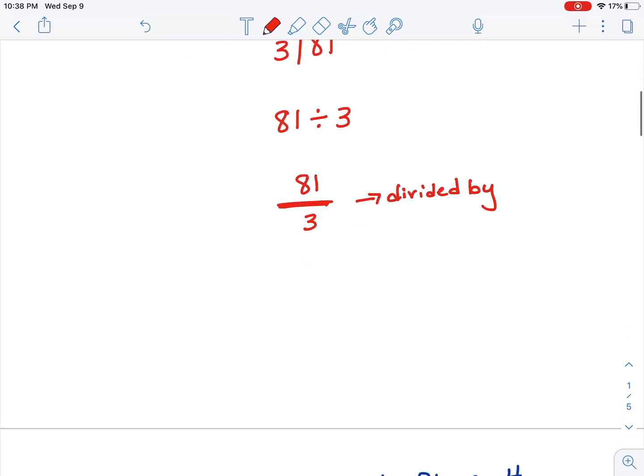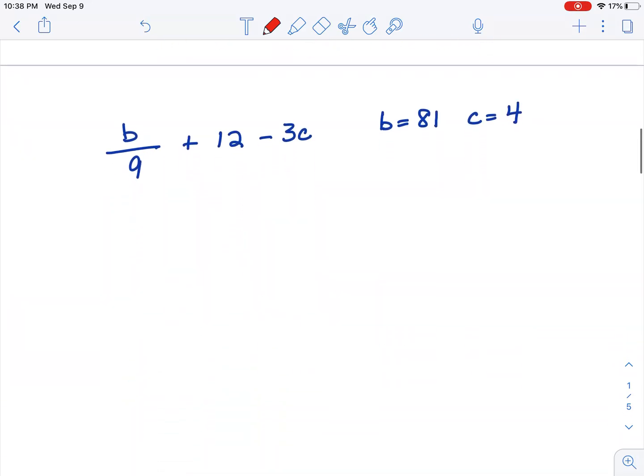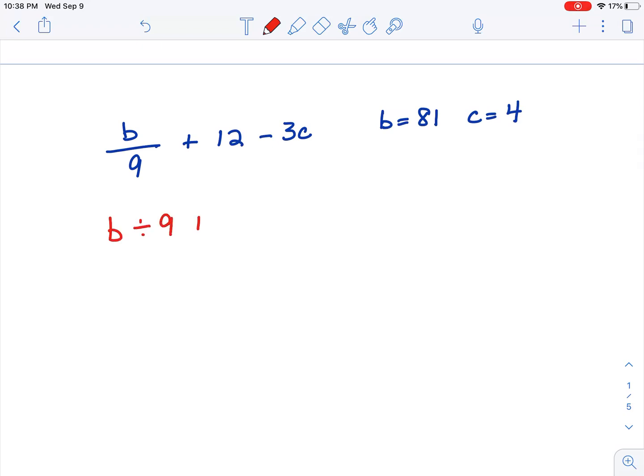So, knowing that, here's some example problems we're going to do today. This says right here, b divided by 9. So, if that bothers you, seeing that, if you want to rewrite that, b divided by 9 plus 12, subtract 3 times c, that is absolutely fine, because the problem in blue and the problem in red are the exact same problem.